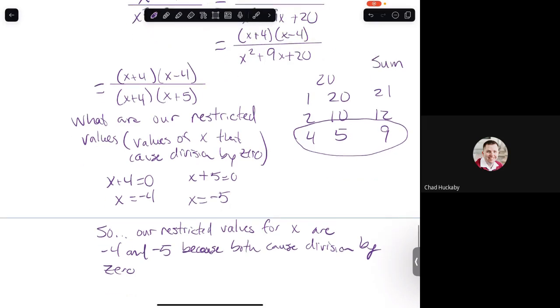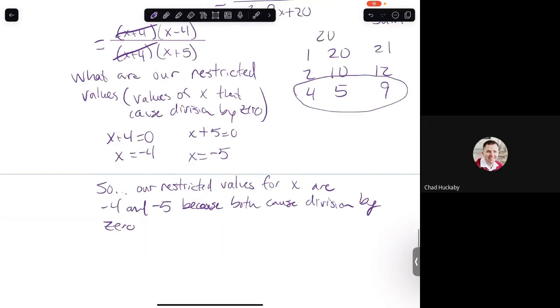Also, we can cancel out an x plus 4 in the numerator and the denominator, and our fully simplified form is x minus 4 over x plus 5. So that's the fully simplified expression, excluding x equal negative 4 and x equal negative 5.